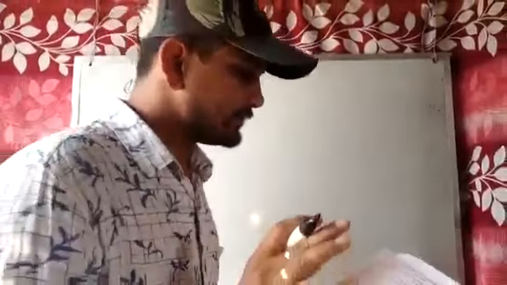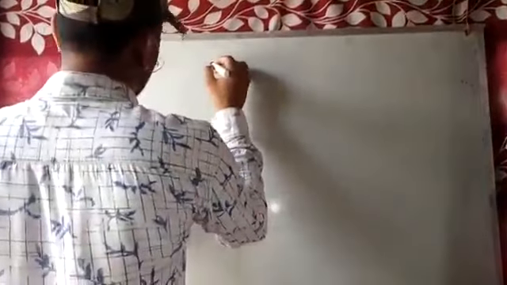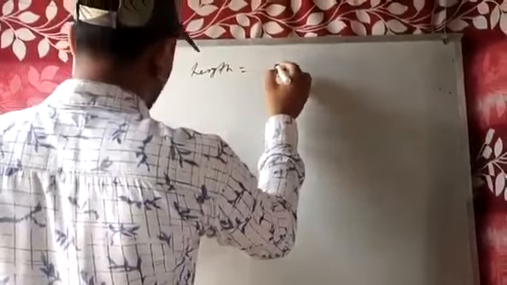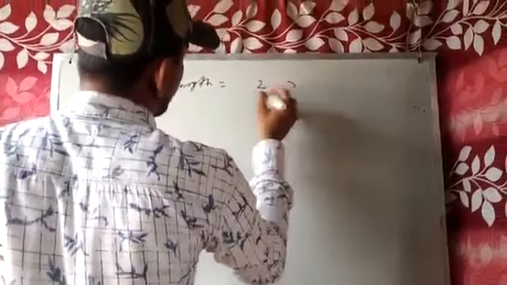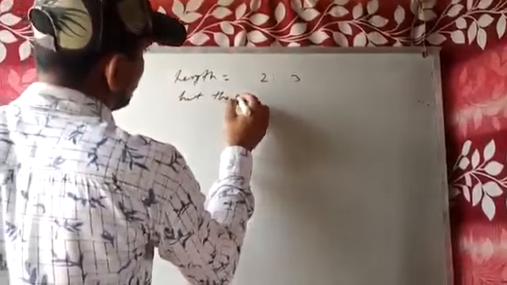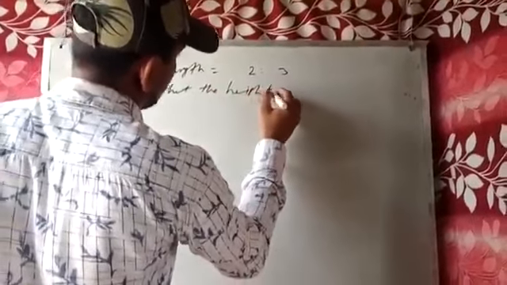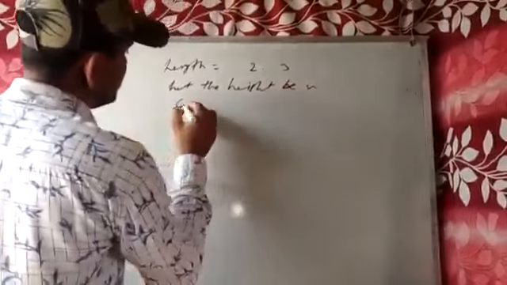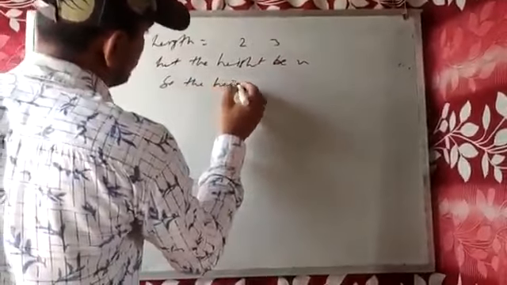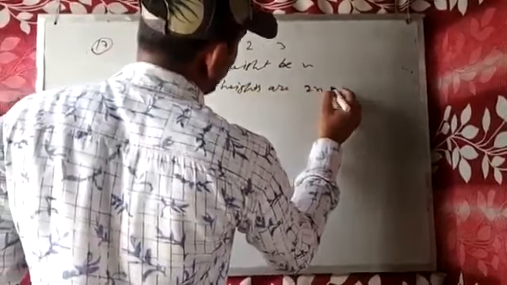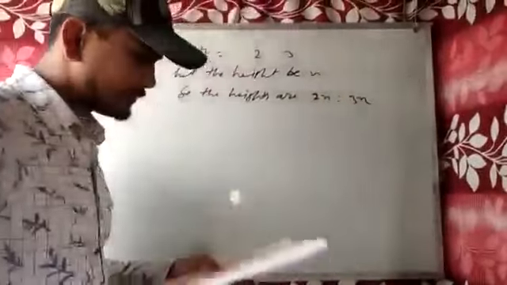Two poles of different heights, and the ratio is given in the form of 2:3. So let the height be x. So the heights are 2x is to 3x.